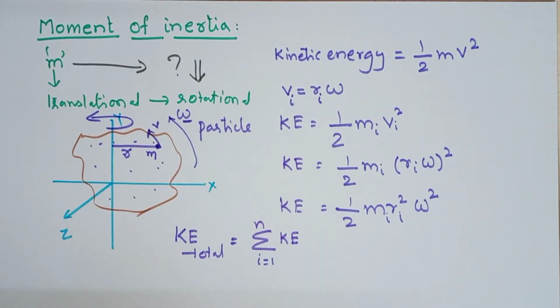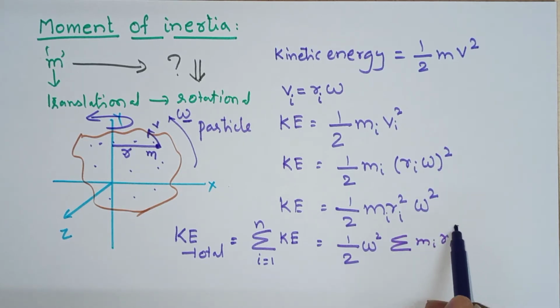So don't write omega n. Omega is fixed for all. Now half omega square is taken outside, summation m i r i square.